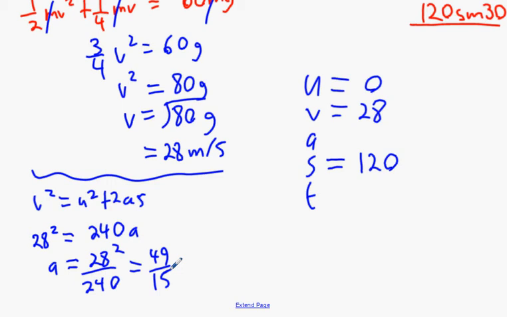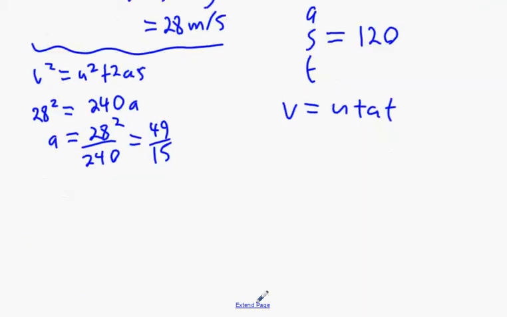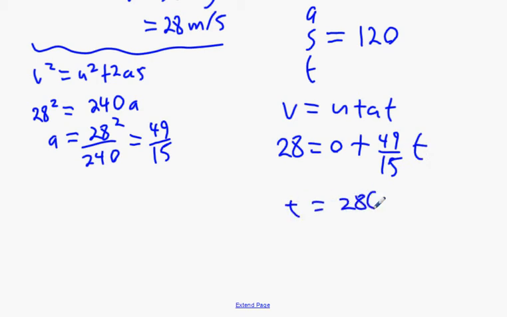Then we can do v equals u plus at, where the v value is 28, the u value is 0, the a value is 49 over 15, and the t value being t. T therefore equals 28 multiplied by 15 divided by 49, and that gets me a t value of 60 over 7.